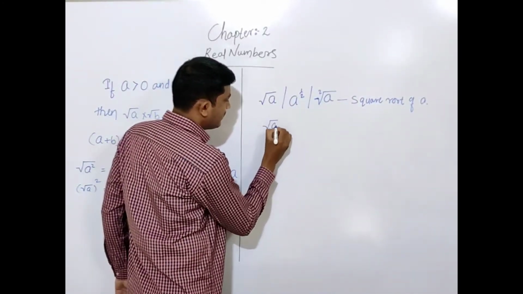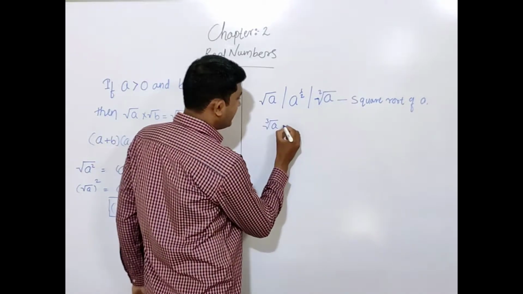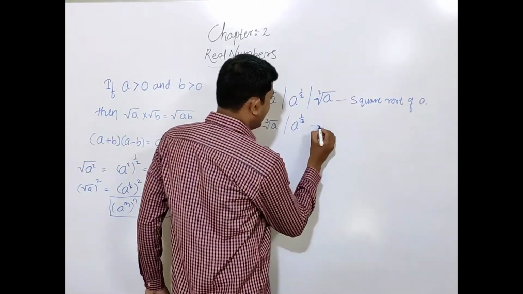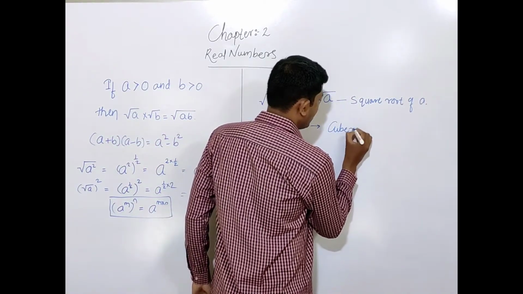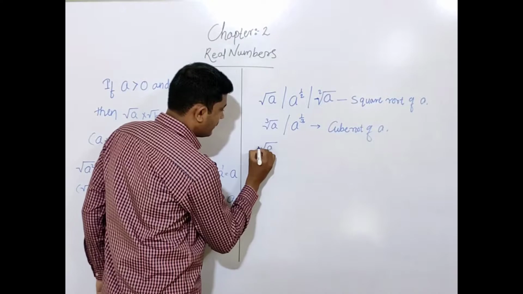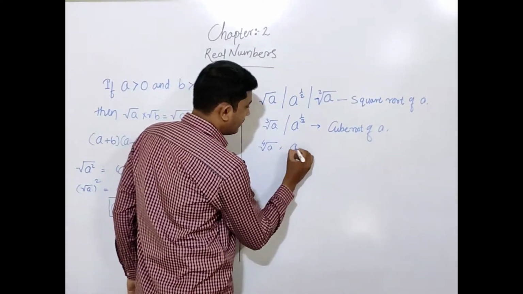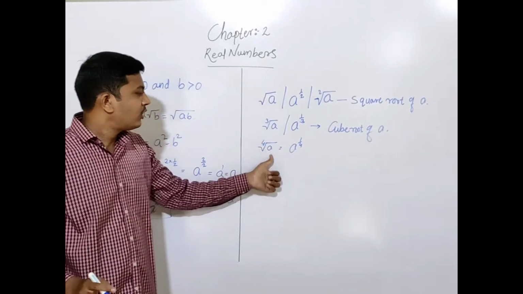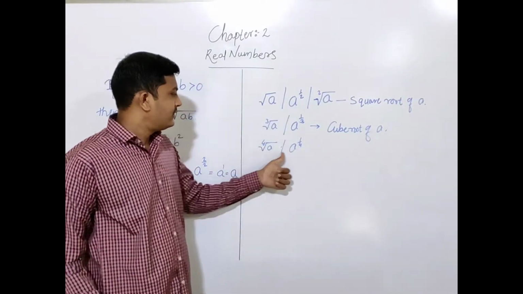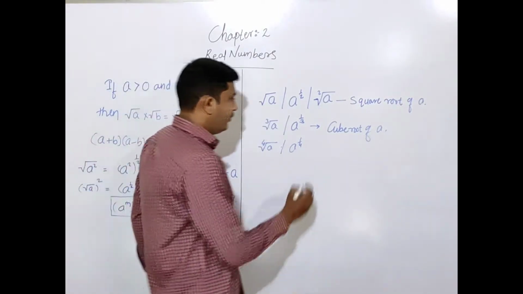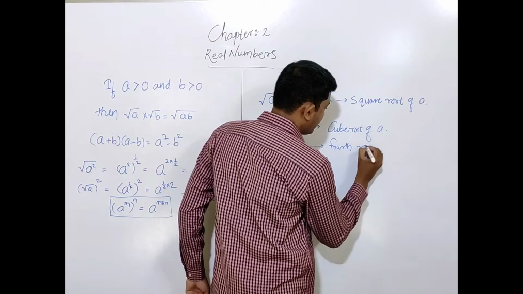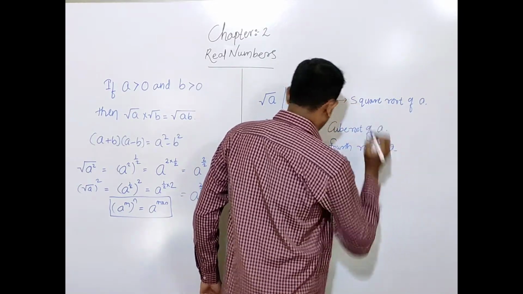For this, it can be given as a to the power 1 upon 3, and read as cube root of a. For this, a to the power 1 upon 4, which is fourth root of a, and it is read as fourth root of a.